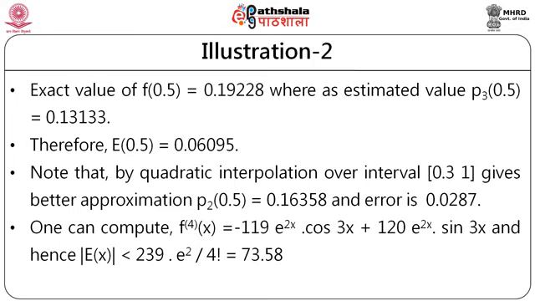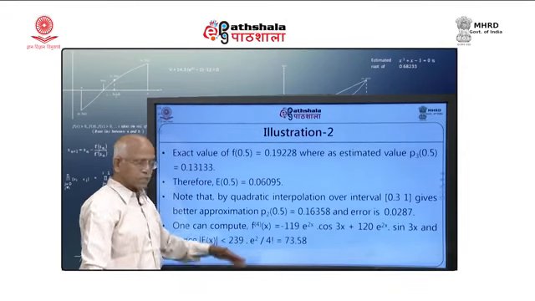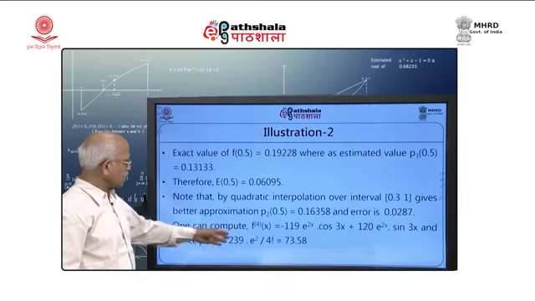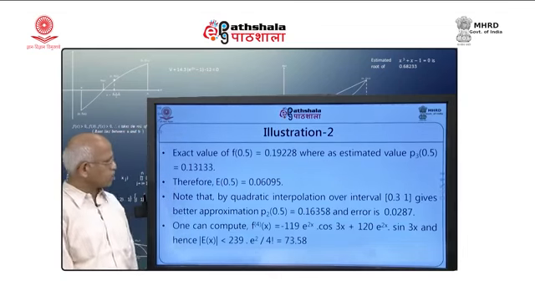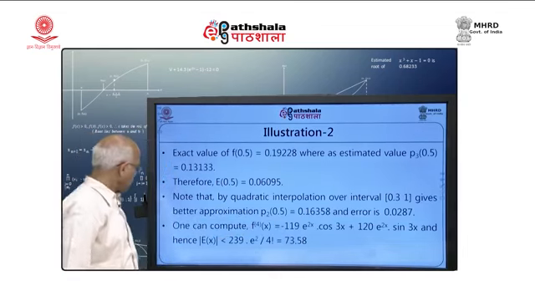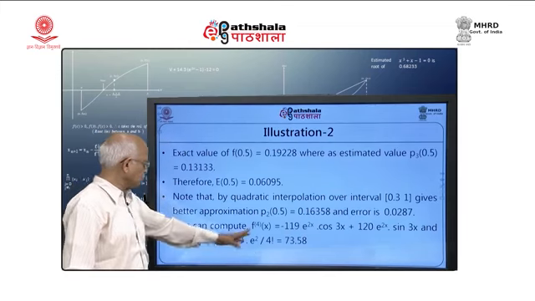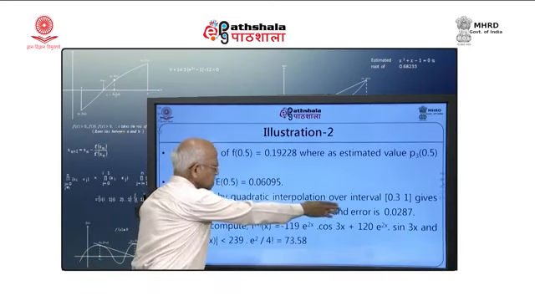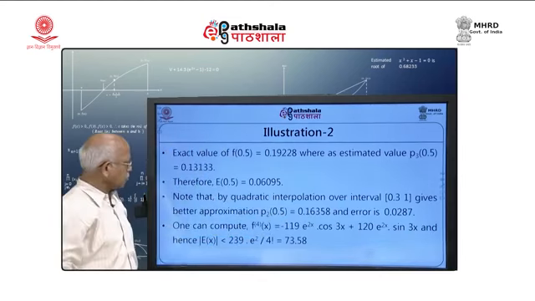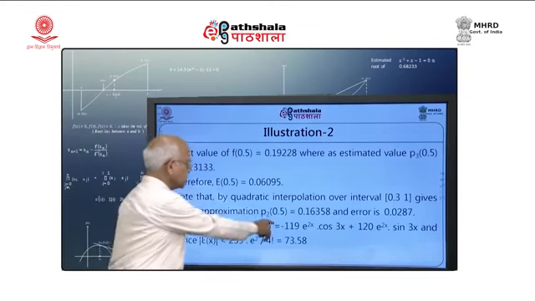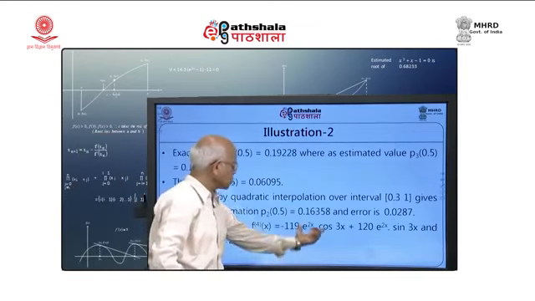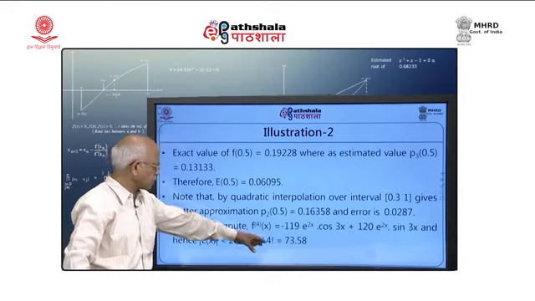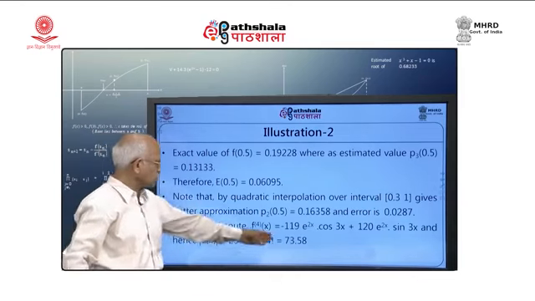If you want to get an estimate of the error, then we have to use the error formula, and in this case I can find the fourth derivative of the function f(x). It will be like this, and hence |E(x)| will be less than 239 e squared by 4 factorial. If you substitute these values here, the absolute values are added, and you get 239 from here, because these values are close to 1, and the maximum value will be 239 into e squared divided by 4 factorial, which turns out to be 73.58.